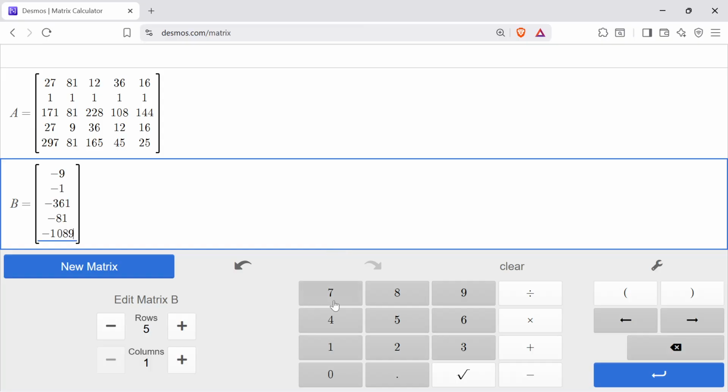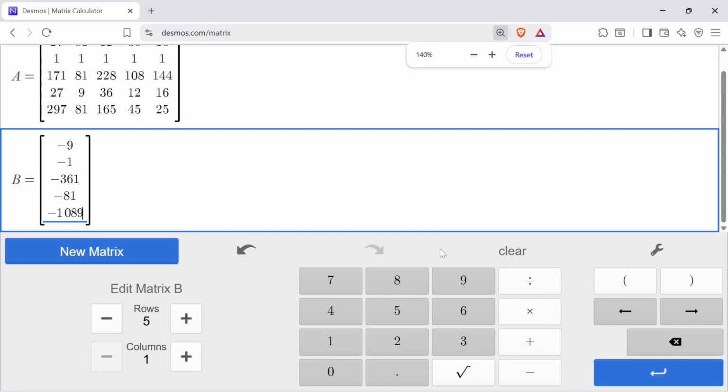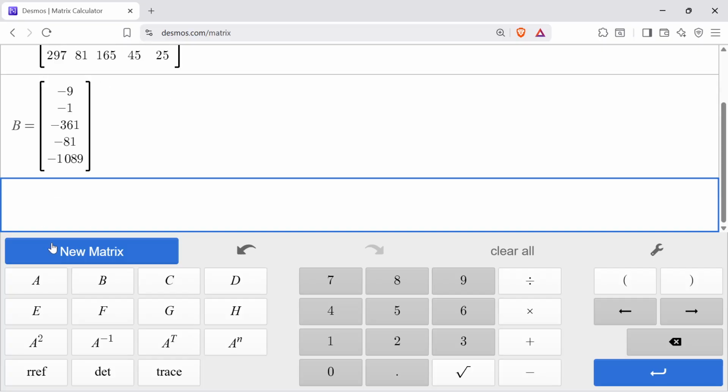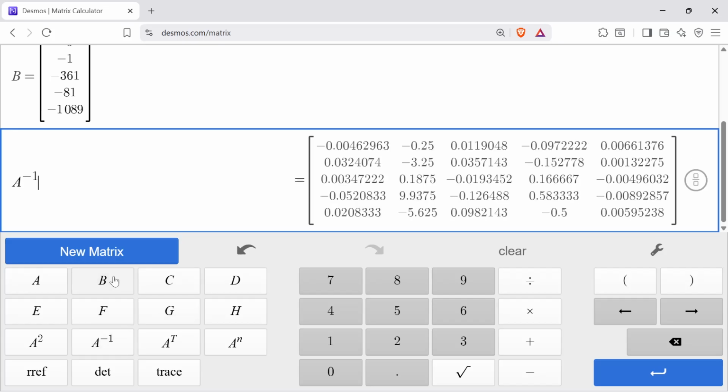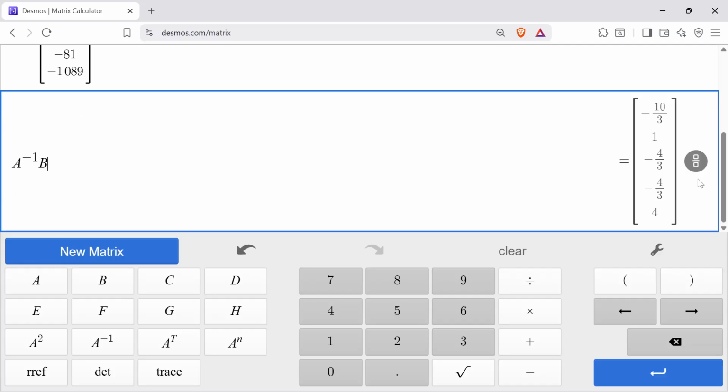And now I'm going to take, where's my matrix equations here? Something is amiss. Oh, there it is. I had to hit enter. Then I take the inverse of matrix A times matrix B, and I turn those into fractions.